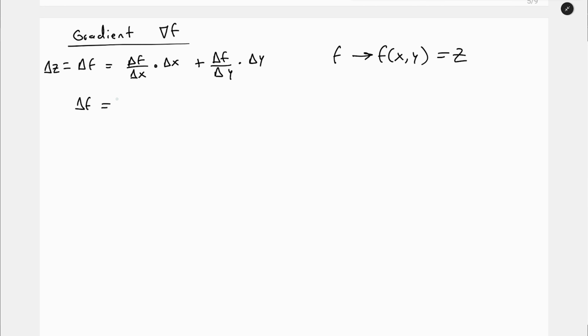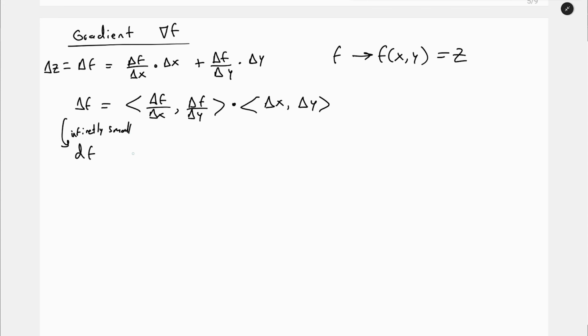And if we move forward, this was just a dot product. And if we went infinitely small, we move into differential territory, and this becomes a partial derivative.